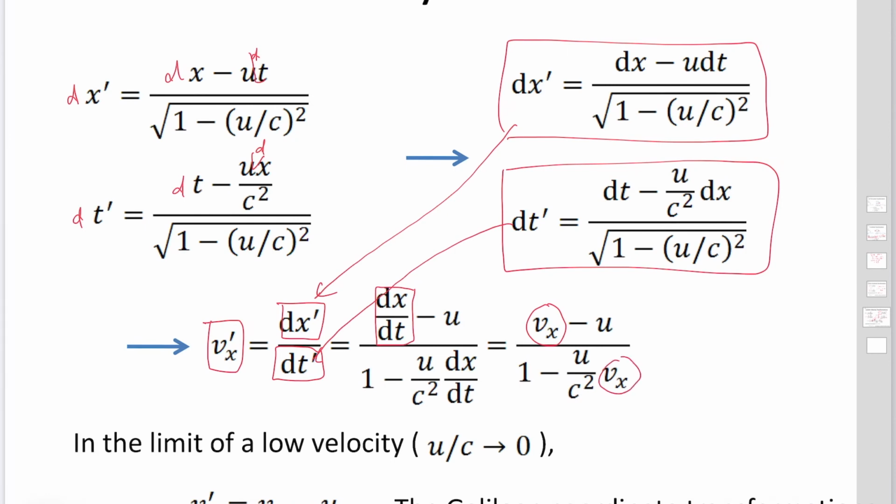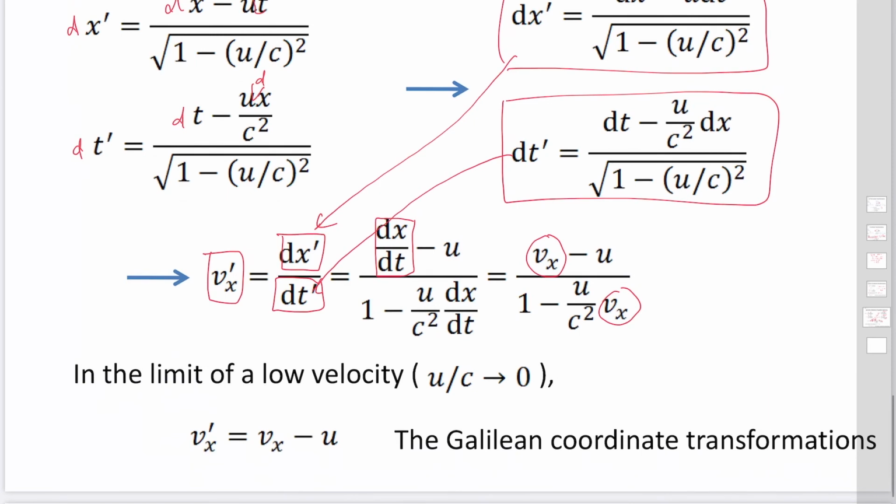These are very complicated formulas for relative velocities in special relativity, but they are the exact equations for relative velocities. In the limit of low velocities, u over c is really small, so this becomes 0. So it becomes v sub x prime equals v sub x minus u.